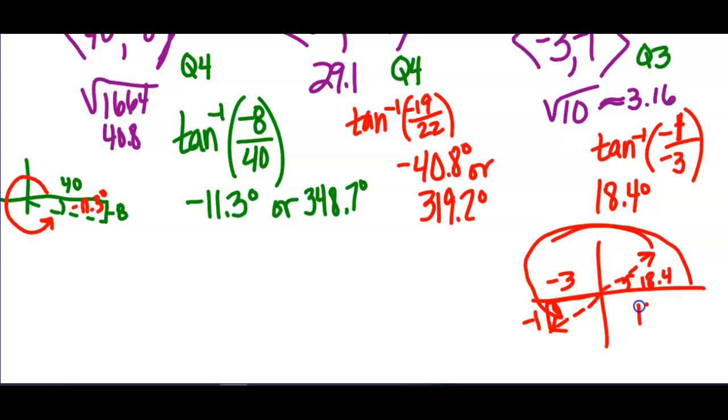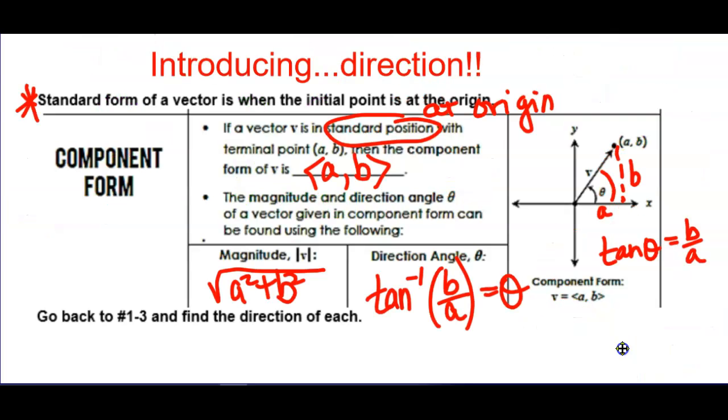We need to do 180 plus 18.4 degrees. You have to figure out what quadrant you're in, and then it's giving you the reference angle. So 180 plus 18.4 is 198.4. These are tricky. Inverse tangent is not tricky. Just making sure it's in the right quadrant can be tricky.